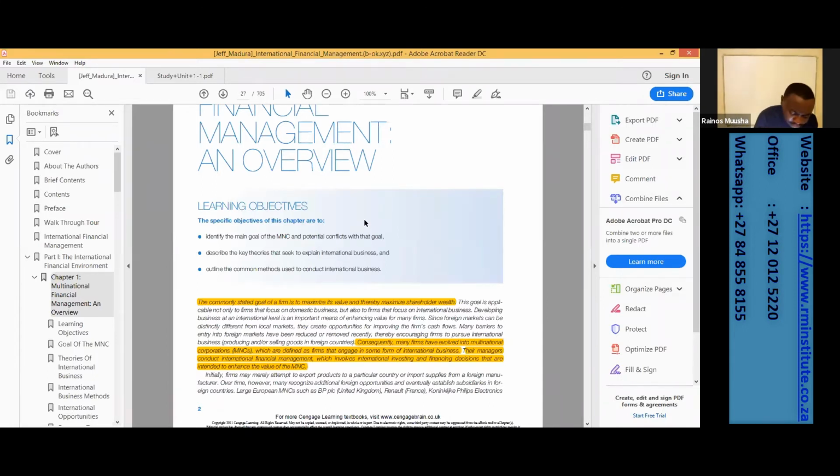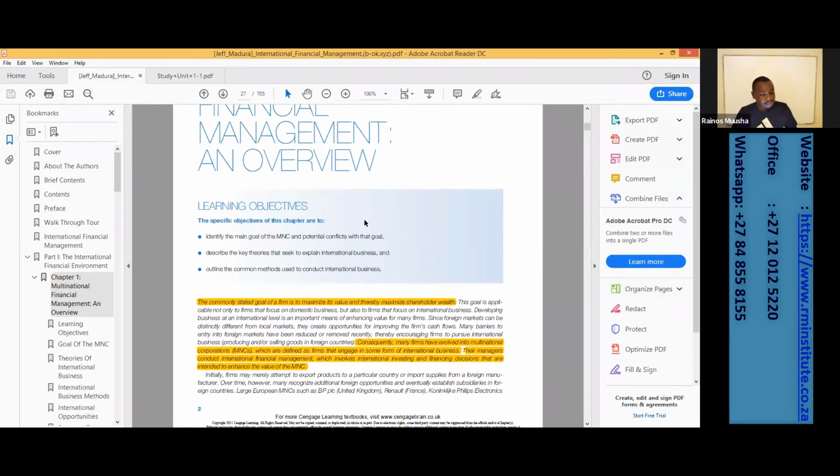You will see that a multinational company is just like a domestic company, where a domestic company only has operations in the economy in which it is operating, right? But a multinational company has operations in 2 or more countries, or economies.